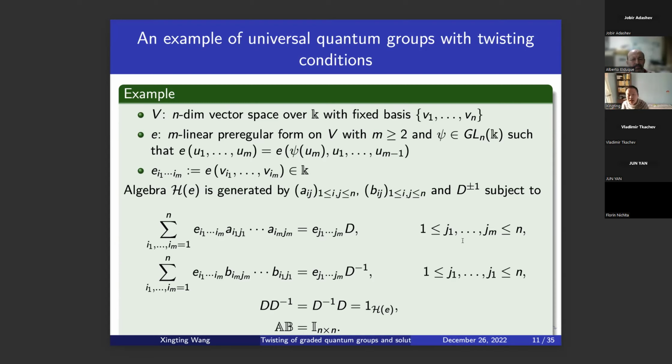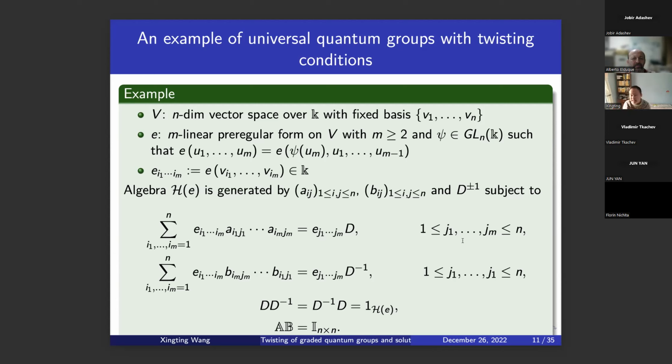I can find a linear map phi, an endomorphism of the vector space V, here a matrix in GL_n(K), such that when you cyclically permute the m variables, moving the last one to the first one, you get a twisting, and the twisting is given by this map phi.